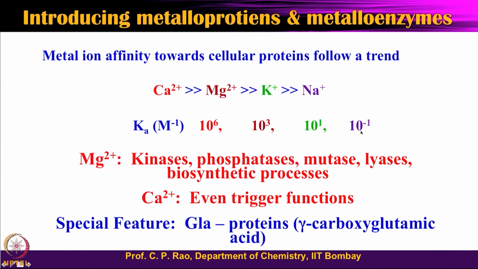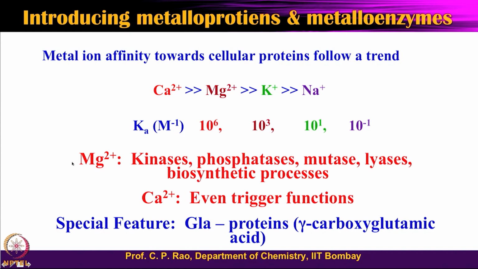That means between sodium and calcium there is a 10 million fold difference, and between potassium and calcium there is a million fold difference, with a 1,000 fold difference for magnesium.